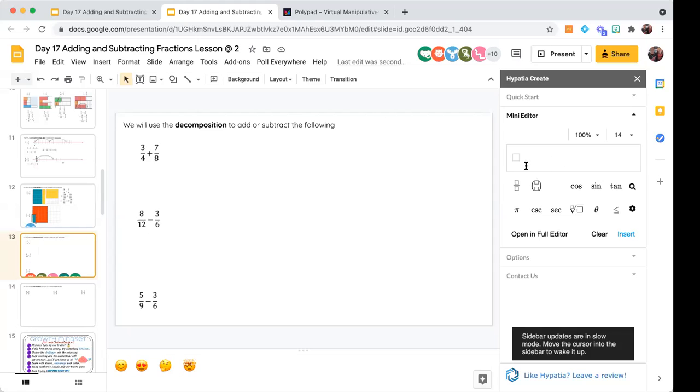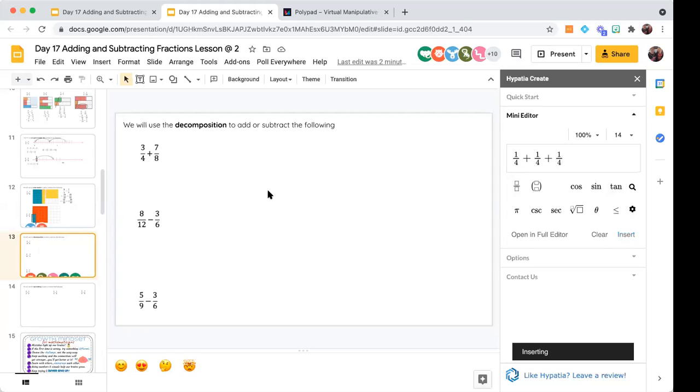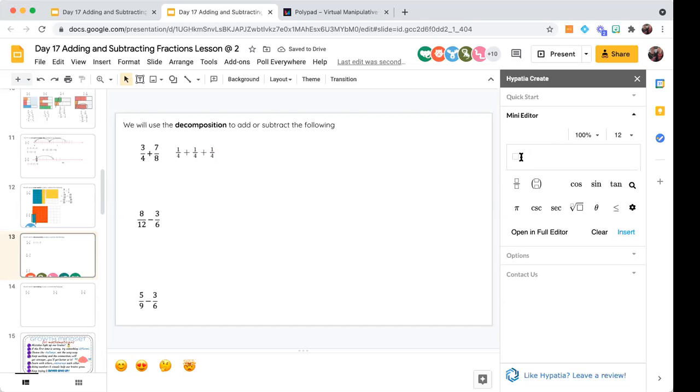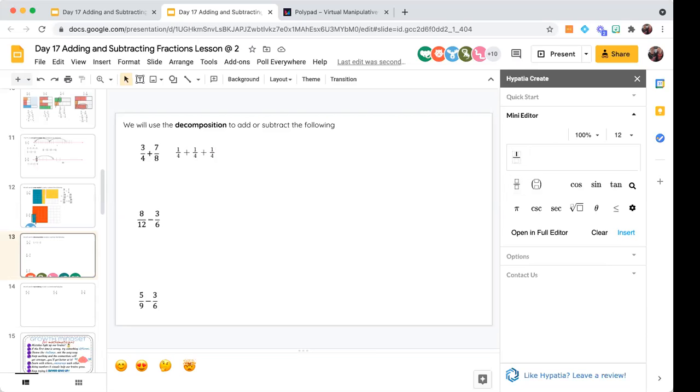So I'm going to start off by decomposing 3/4 into 1/4 plus 1/4 plus 1/4. It's a unit fraction. When I'm looking at 7/8, I'm also going to decompose 7/8 into 1/8 plus itself 7 times.